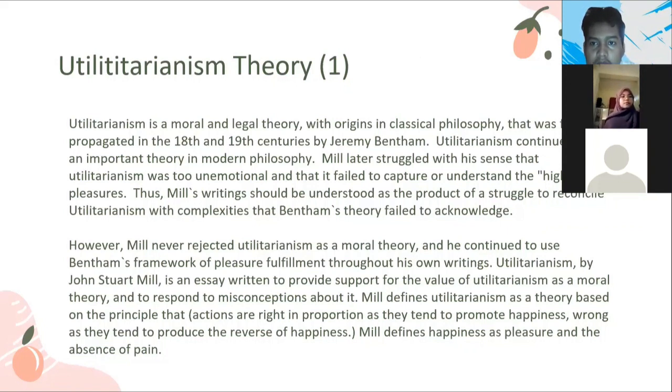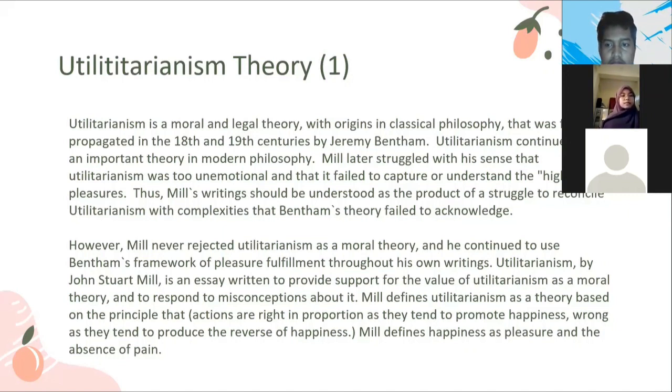Mill argues that utilitarianism coincides with natural sentiment that originates from human social nature. Therefore, if society were to embrace utilitarianism as an ethic, people would naturally internalize its standard as morally binding. He argues that happiness is the sole basis of morality, and that people never desire anything but happiness.